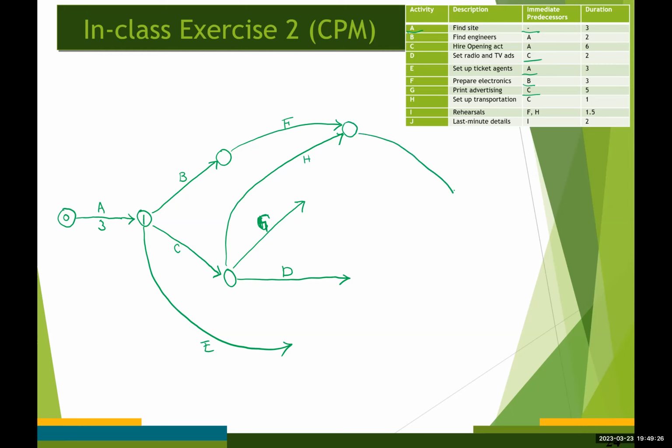I'm going to have I somewhere down here. I has 2 predecessors, F and H, which is true in our network diagram. And J has one predecessor, which is I. So I'm going to have J down here.